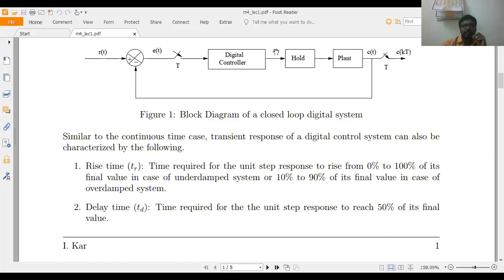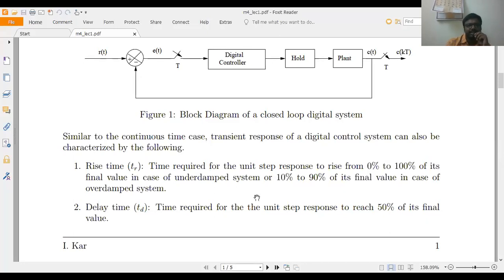And similarly, the time required for a unit step response to rise from 10% to 90% of its final value is called the rise time with respect to the overdamped system. So this is the first specification, rise time.